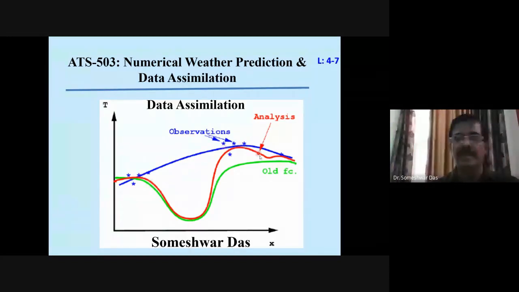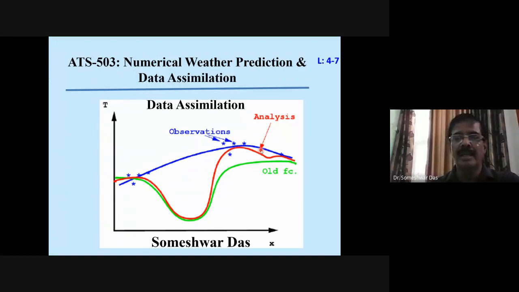After ingesting all the observations, doing all the quality control and all the interpolation, finally you get this red line, which is your analysis. Now you see that even then the red line is not coinciding exactly with the blue line, right?